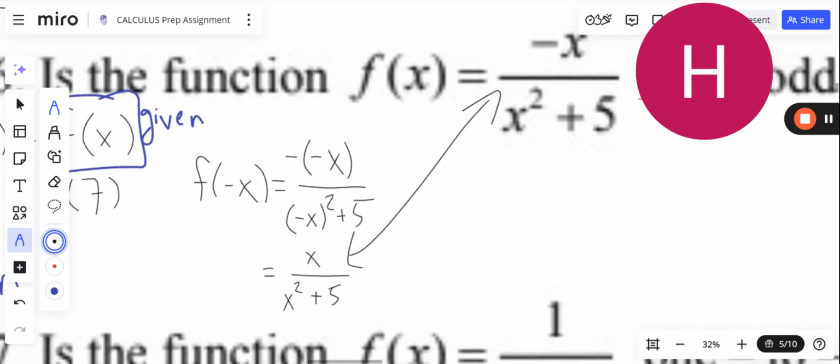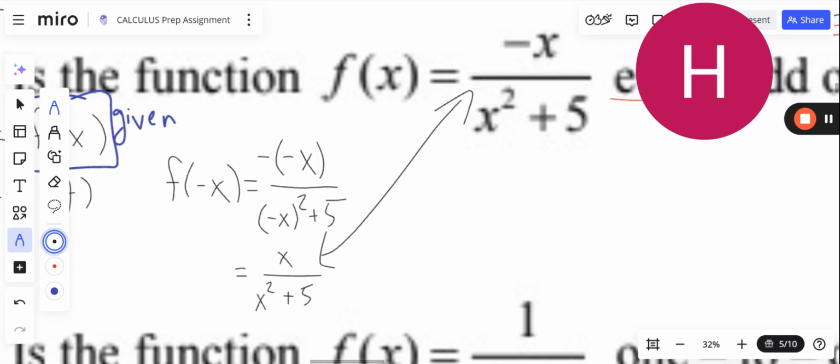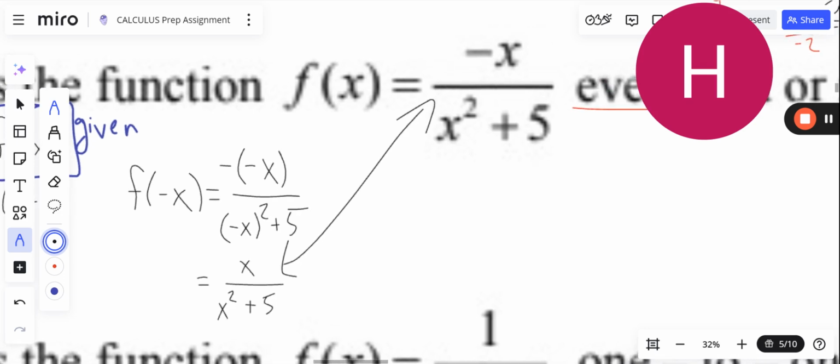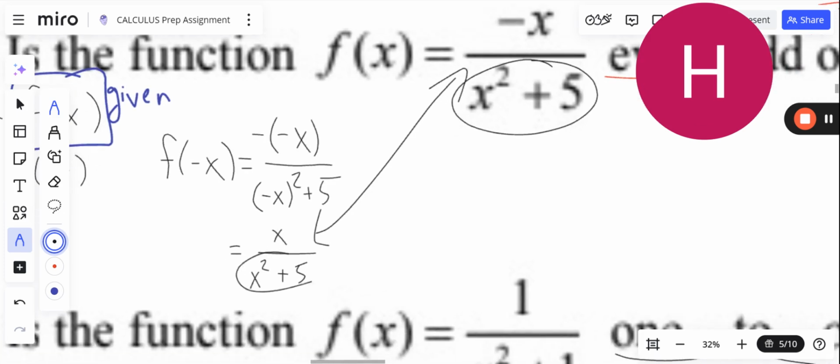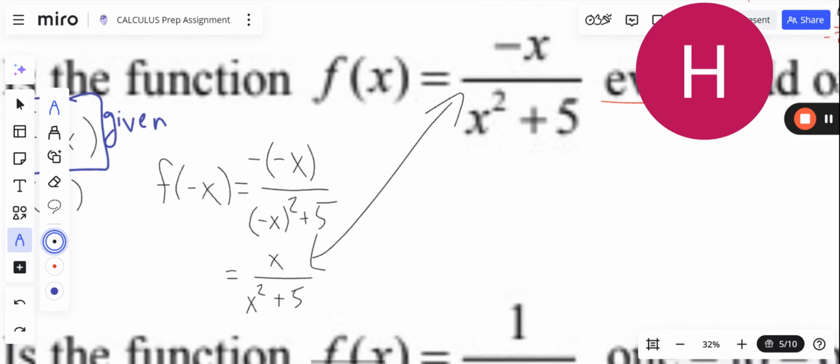It's very similar. How is it different? Can you notice how it's different? Well, because the original function has a negative on it, and now that we've plugged in negative x, there's no such negative. Kind of canceled it out. On the bottom, it did stay the same, x squared plus 5 and x squared plus 5. But since the top is not the same, then these two are not equivalent. In fact, not only are they not equivalent, they're opposites of each other.